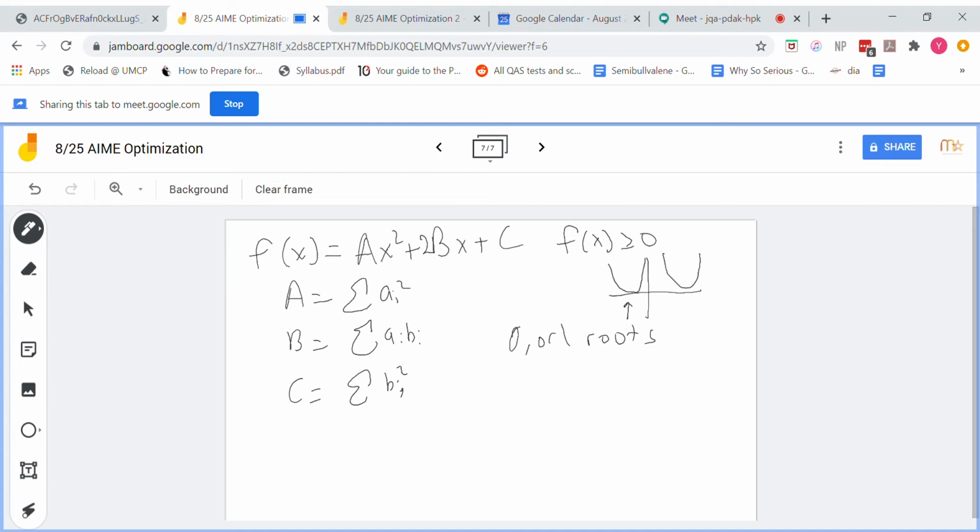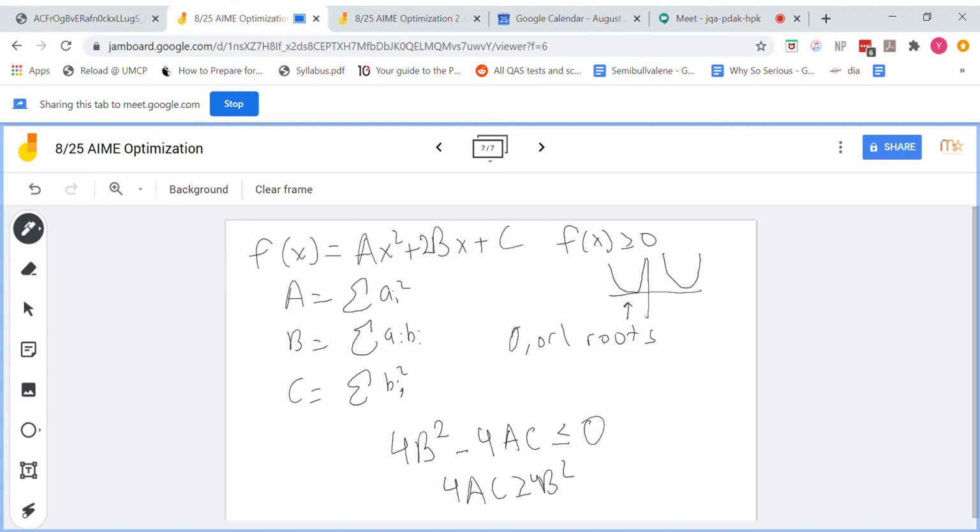And so what's the discriminant of this quadratic? It's b squared minus 4ac, and this must be at most 0. And so we have 4ac must be at most b squared.